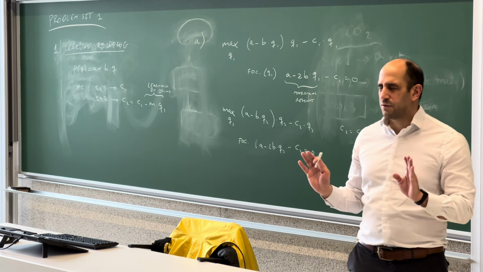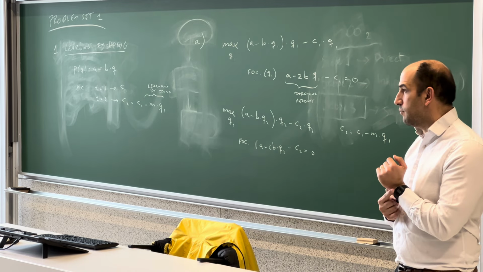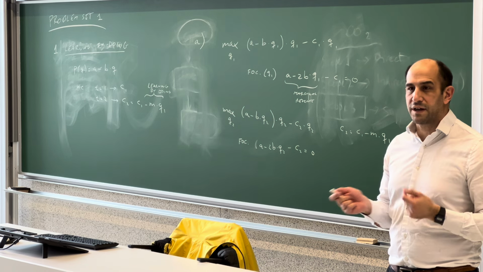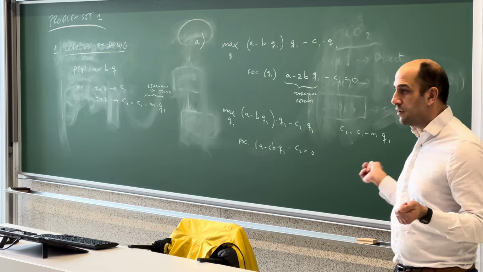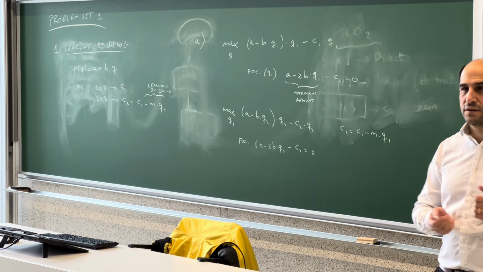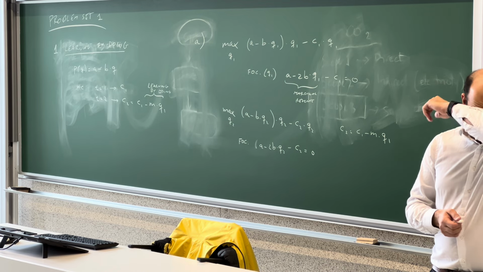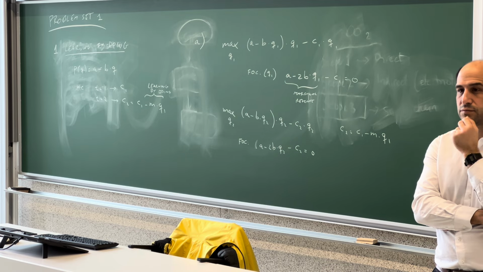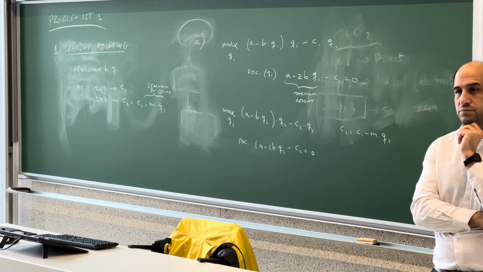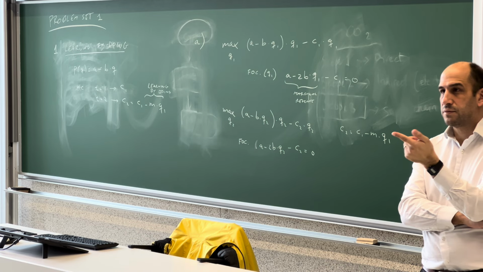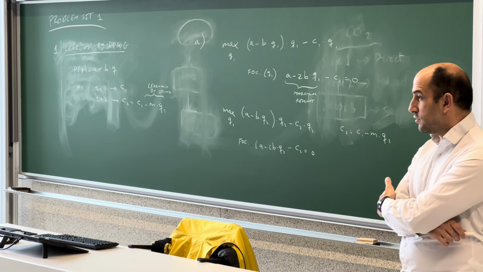Someone here says that because it's a two-period model, you should do backward deduction. Doesn't matter if we do backward deduction here or here, I think we will reach the same result. You think it's going to be the same?